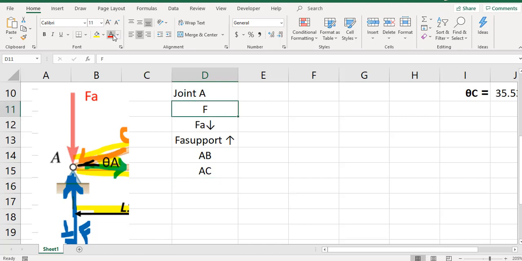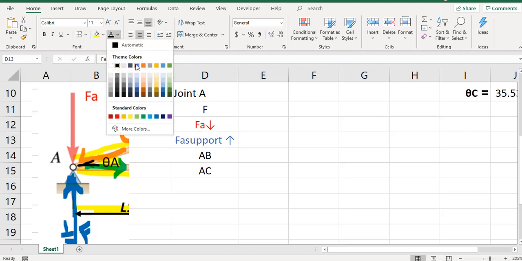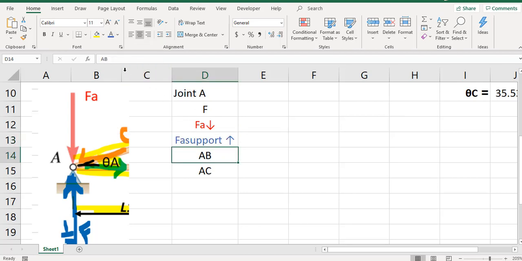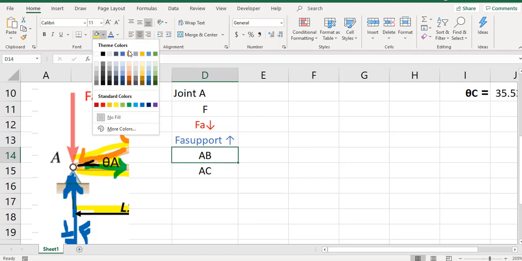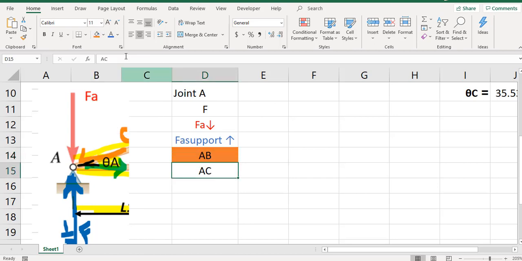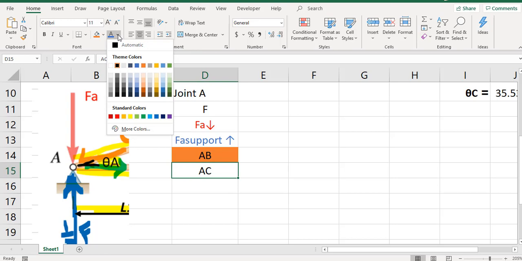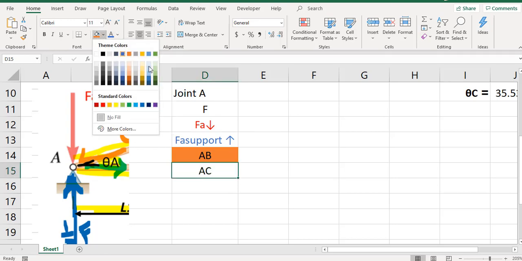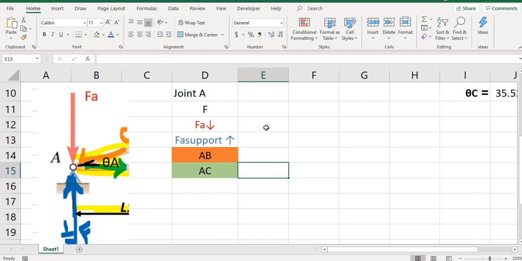So let's see, force: this is the red one coming down. Make that black again. And then the support, that would be this blue one coming up. AB is our member in compression, so we made those orange. And AC is our member in tension, so we made those green.